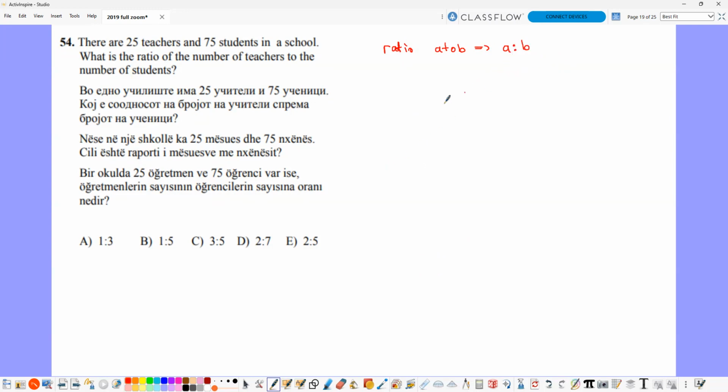So for this question, it should be ratio teachers 25 to students 75. Both numbers are divisible by 25. So if you divide both of them by 25, the result is going to be 1 to 3. So the answer is A.